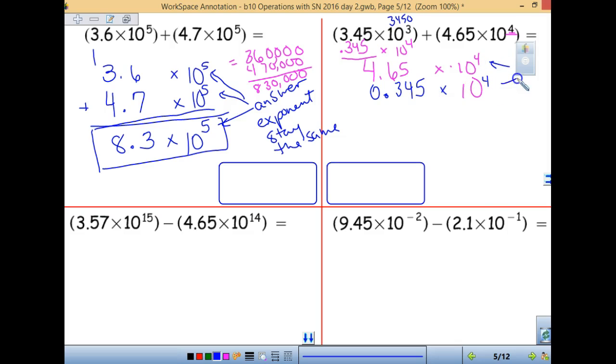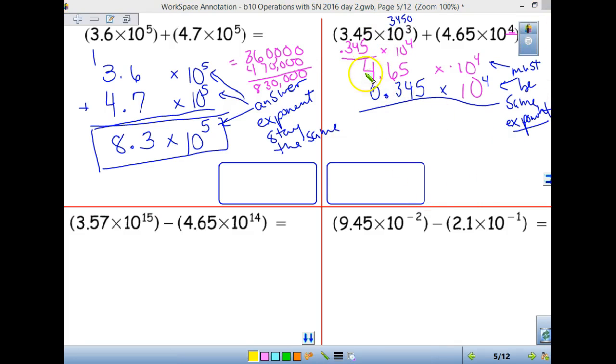These must be the same before you can add, okay? Must be the same exponent before you can add. And we are not adding the exponents. The only thing you really add is this part. This is all we're really adding, okay? We're keeping this as 10 to the 4th.